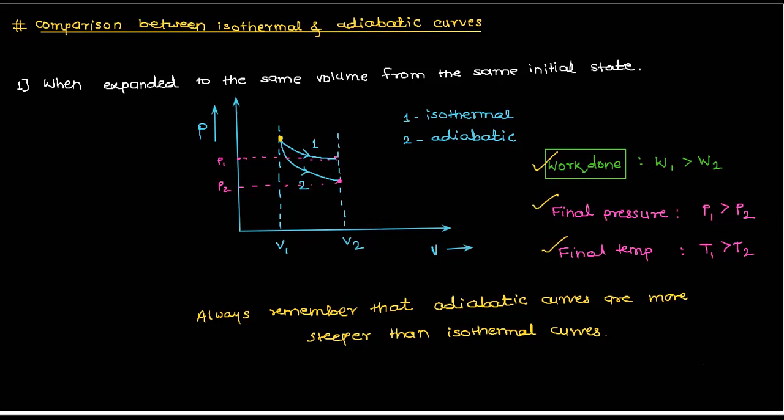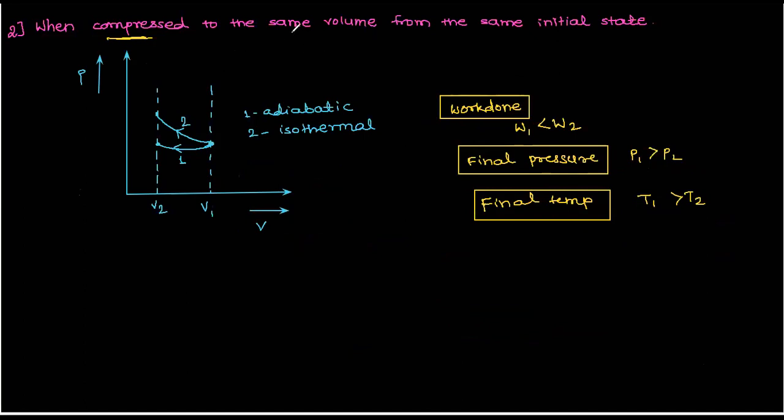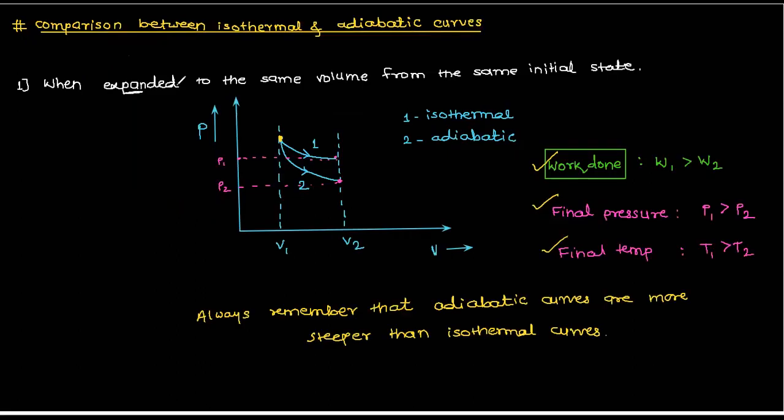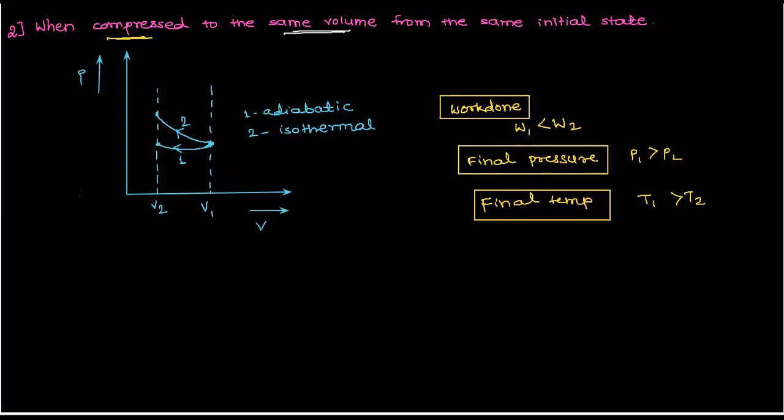Next one, we have seen compression to the same volume. The first one was expanded to the same volume. In the next case, we have seen compressed to the same volume. So here, work done is what? Greater. In which process? Adiabatic. Only this case is. In the adiabatic process, it is more when we are compressing to the same volume.